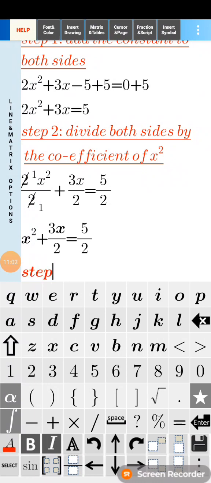Step 3. Like I told you, I'll be taking you through this topic in a step-by-step process. So step 3, we're going to add half.